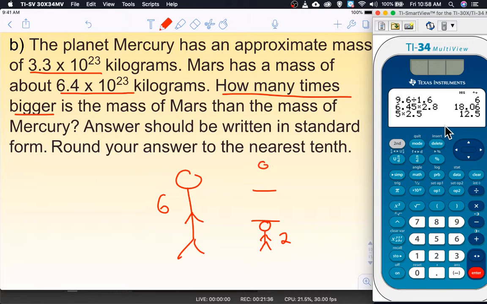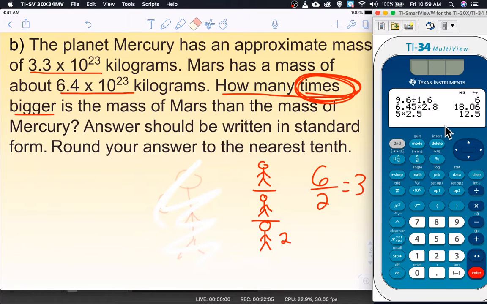You would need to stack up 3 of these kids in order to equal, whoa, that person doesn't have a body. You'd need to stack up 3 of these kids in order to equal my height. Okay, I am 3 times bigger. And the way we could do this mathematically, if I take 6 divided by 2, I am 3 times bigger. It is a division problem. How many times bigger is going to be a division problem?